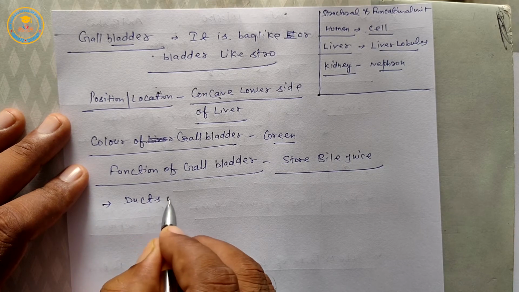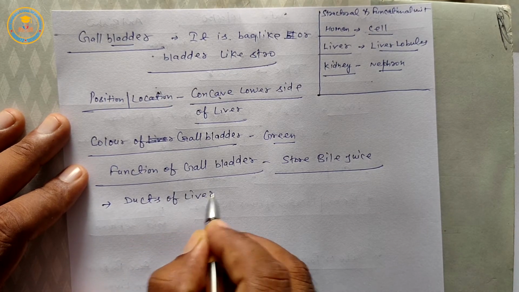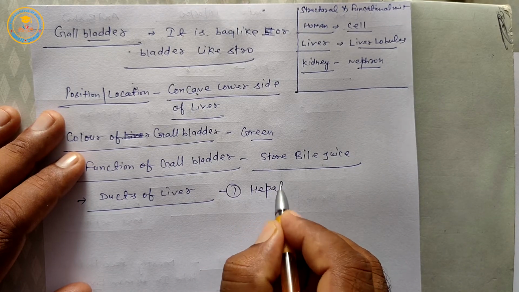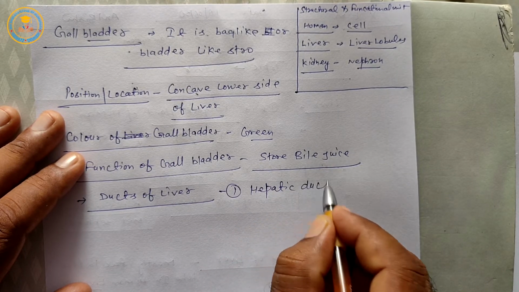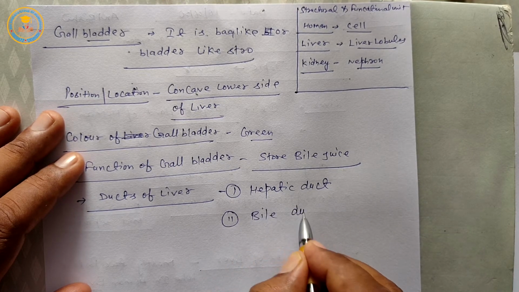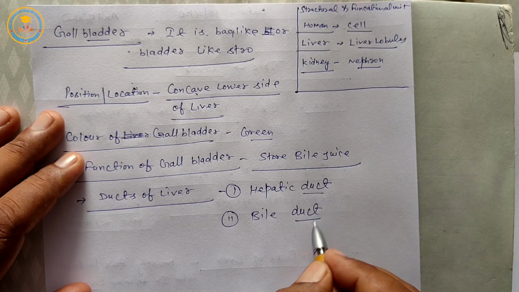First is hepatic duct, second is bile duct. It means tube like structures.